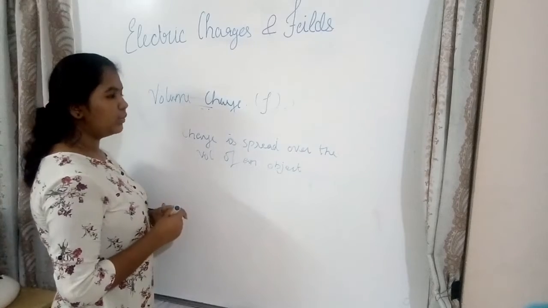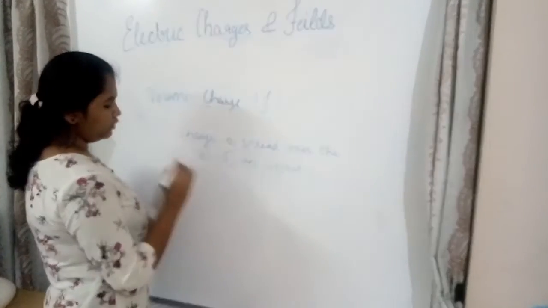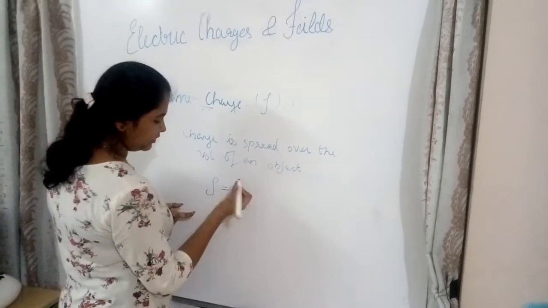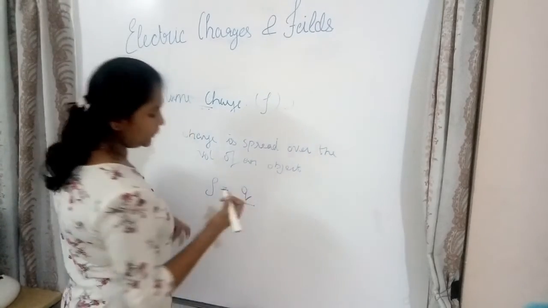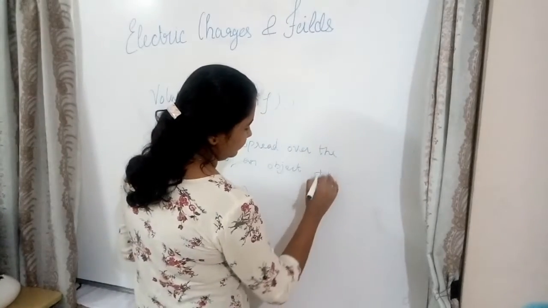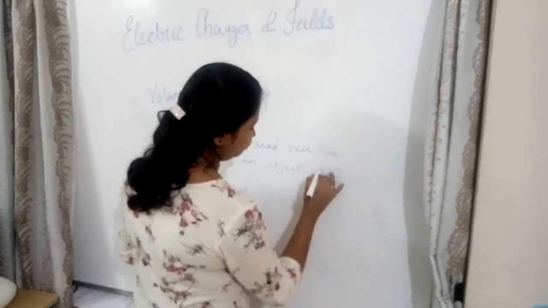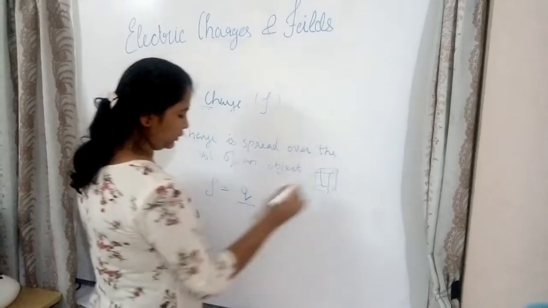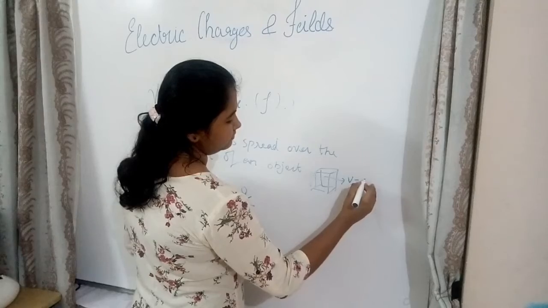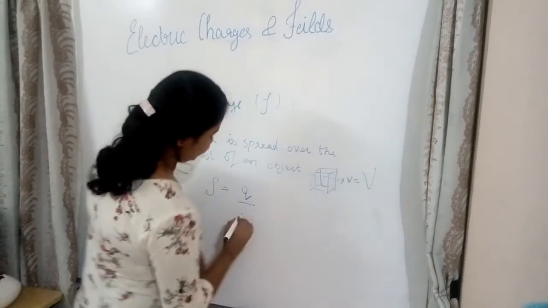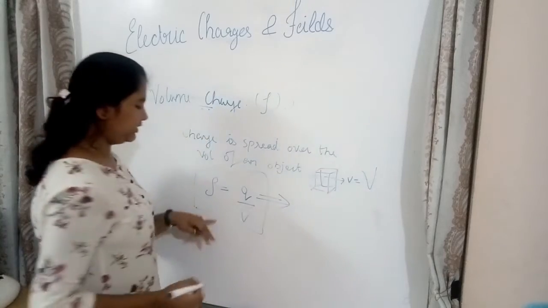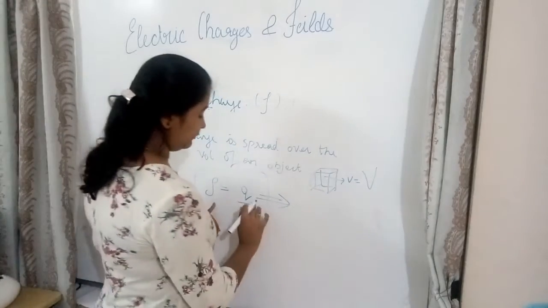So what is the equation for that? Rho is equal to Q divided by the volume of the object, let's say maybe a cube. The volume of the cube is equal to capital V. This is the equation for volume charge distribution.